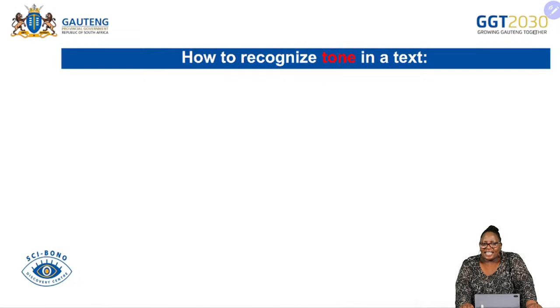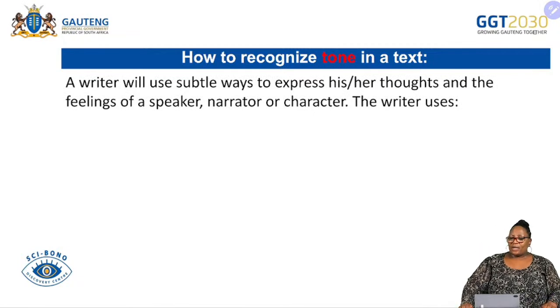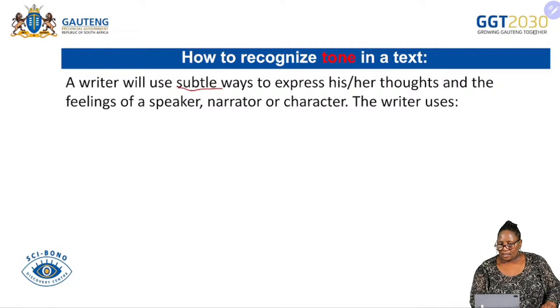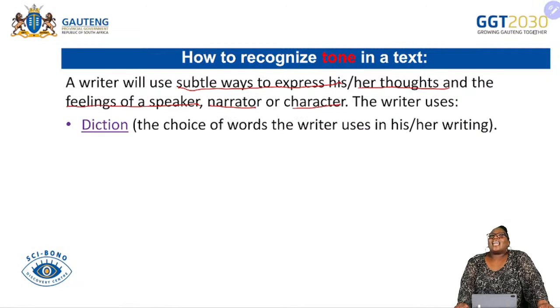How do we recognize tone in a text? A writer will use subtle ways to express his or her thoughts and the feelings of a speaker or of a narrator or of a character. The writer uses what? Diction. And what is diction?